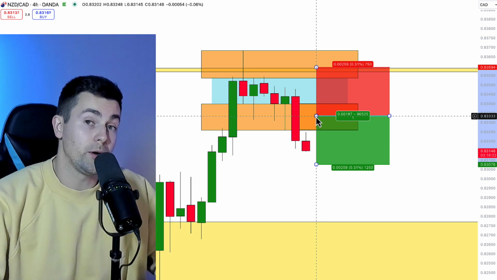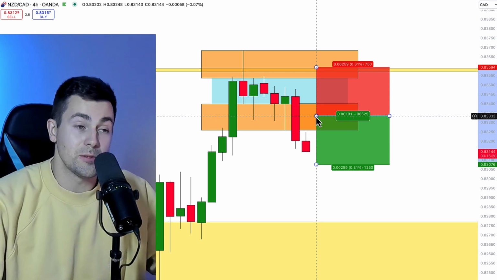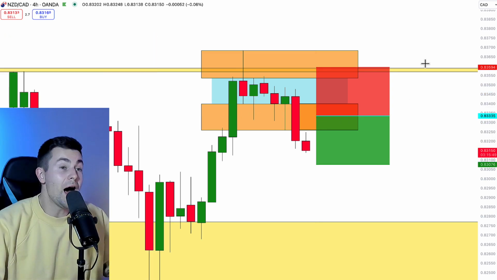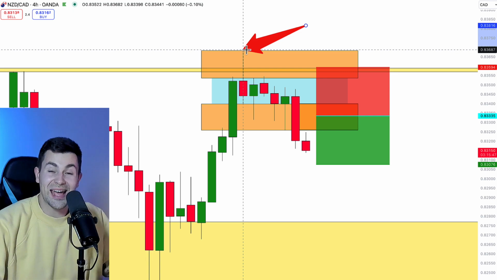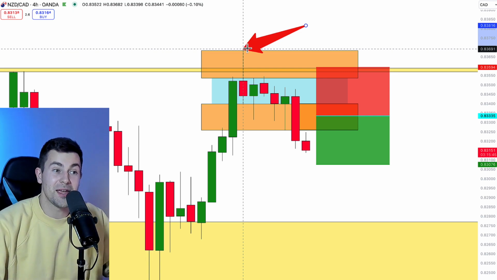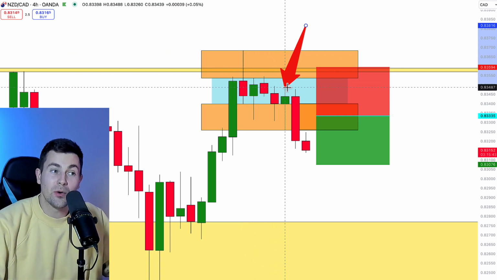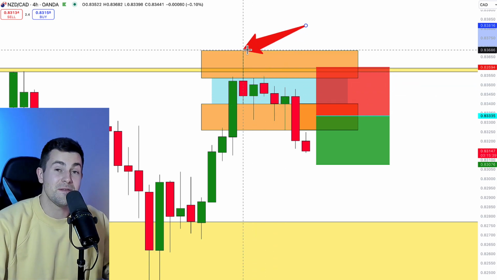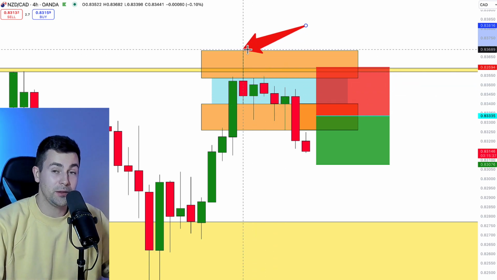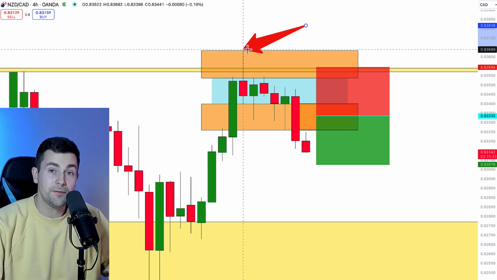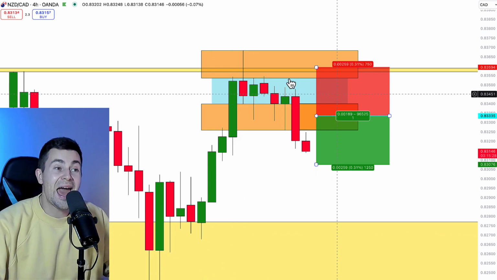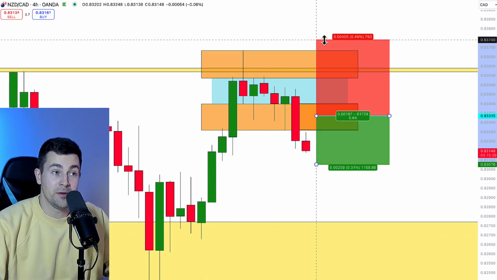Then where should our stop loss be? Where will be the safe place to set a stop loss for our trade? After the test of that high, finally the market started to consolidate, and that was the end point that buyers managed to reach. And our safest stop loss in such a situation will be, of course, above that high.